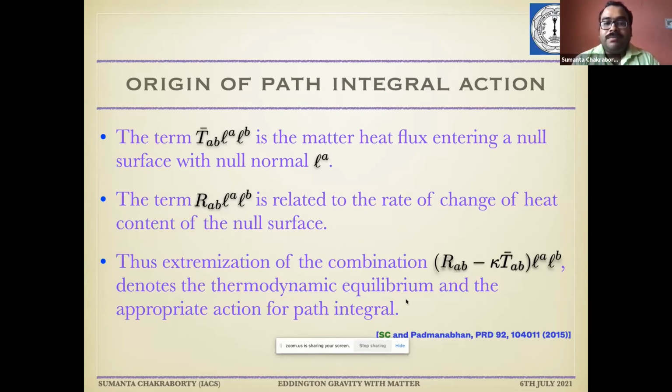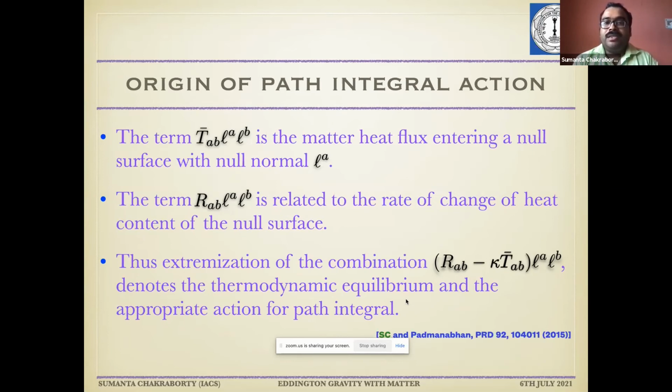And that is why it makes sense to talk about extremization of this combination, which is R_AB minus kappa T bar_AB, contracted with L^A L^B. The extremization will denote the existence of a thermodynamic equilibrium and should be taken as an appropriate action for the path integral. So if we think of it in the following way: originally we have some gravitational degrees of freedom, which are not the metric, in the sense that the metric emerges from those degrees of freedom.